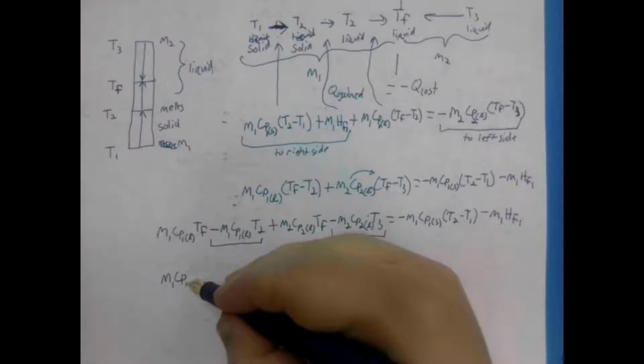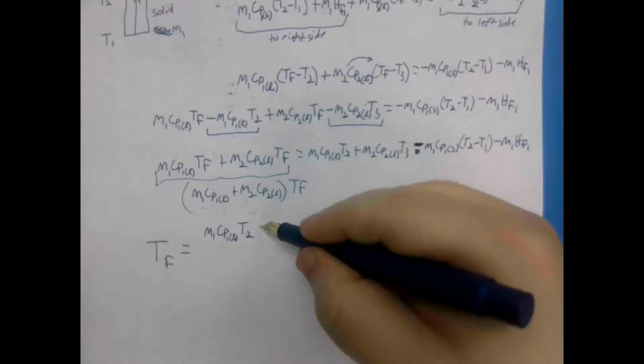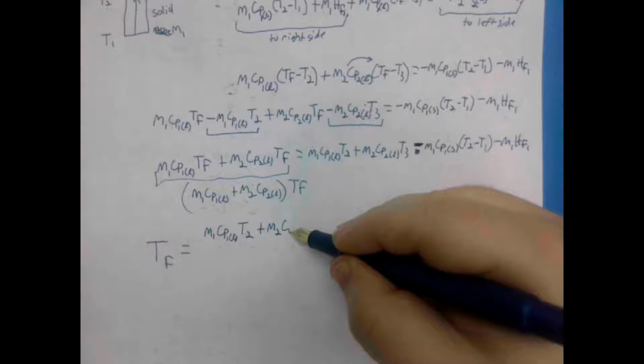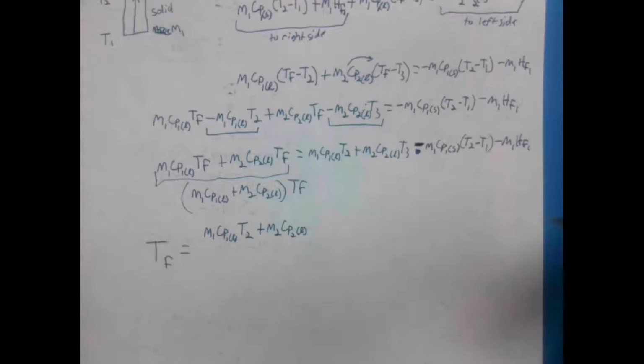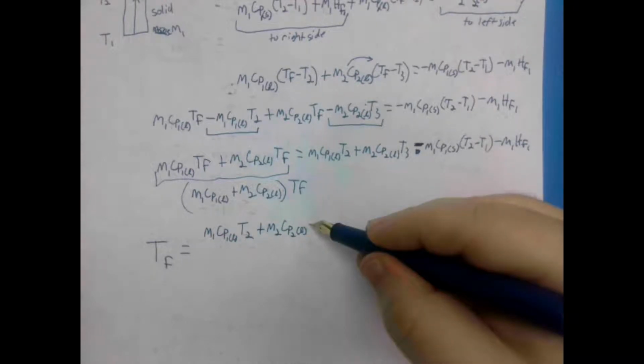So the final generic equation for a situation like this is thus: original mass of sample 1 times CP1L times T2 plus M2 CP2L T3 minus M1 CP1 solid times T2 minus T1 minus M1 HF1, divided by mass 1 CP1 liquid plus M2 CP2 liquid.